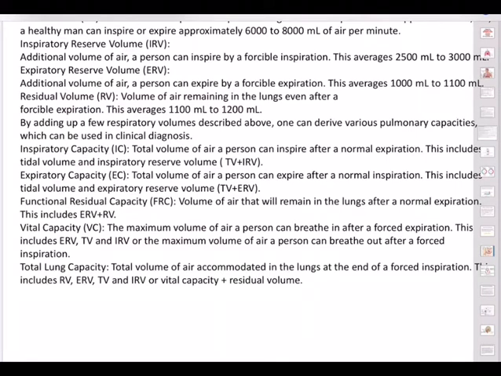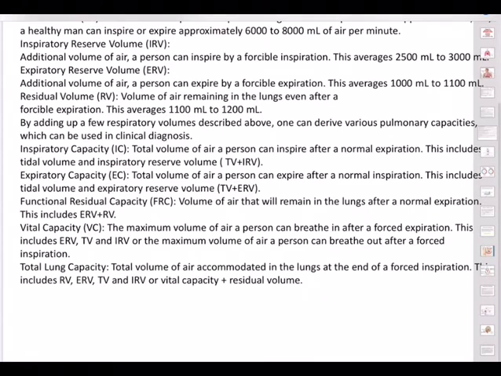This includes ERV, TV and IRV, the maximum volume of air a person can breathe out after a forced inspiration. So here we are putting in a lot of effort in VC, vital capacity. So vital capacity is equal to TV plus IRV plus ERV. That is how we can derive an equation.